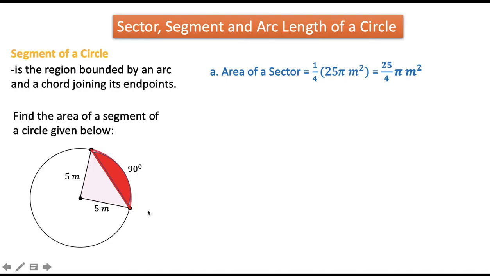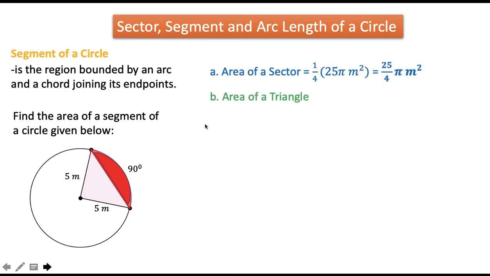Since 90 degrees is the measure of the arc, 90 is 1/4 of 360, so the sector is 1/4 of the whole circle. Just simply multiply them, which is 25 over 4 pi meters squared, and we get the area of the sector. So this shaded part right here is 25 over 4 pi meters squared.